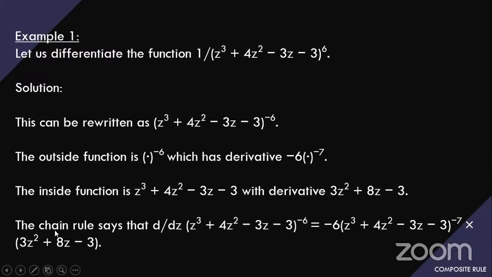Then when we combine it according to our chain rule, we have minus 6 multiplied by our inside function, raised to the power of minus 7, times what we derived from our inside function.